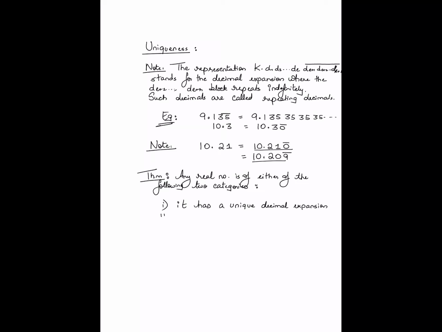And category 2: it has two decimal expansions, exactly 2. One of these ends in zeros, so this is your terminating representation, and the other is another representation.